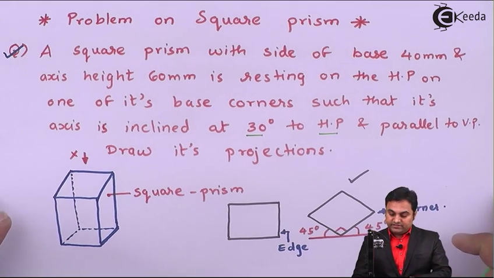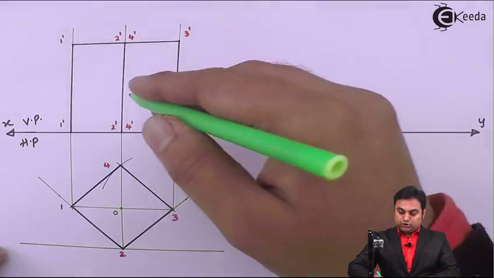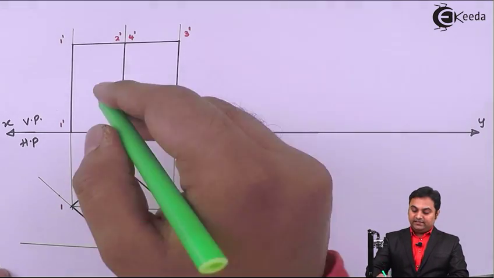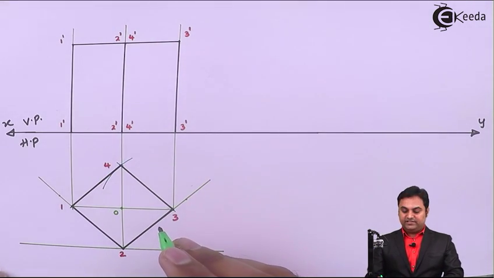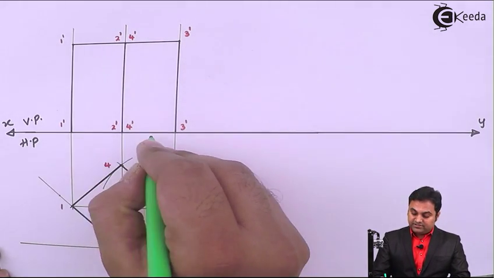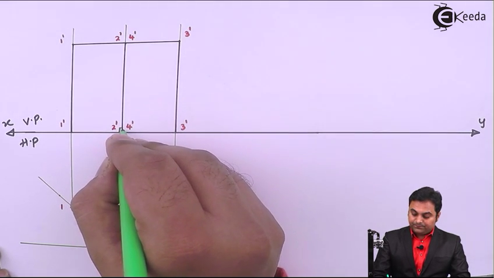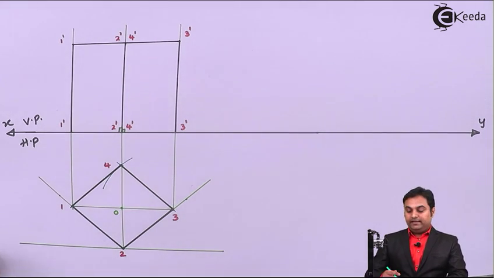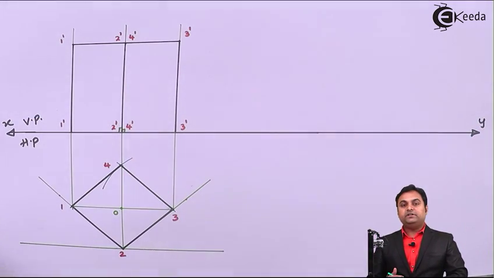So now this axis needs to be tilted at 30 degree. In other words, here I am having the axis which is coinciding with this edge at the middle, and here there is the base. So axis and the base, they are perpendicular to each other. So when I would be tilting the axis at 30 degree, it means the base will be tilted at 60 degree.